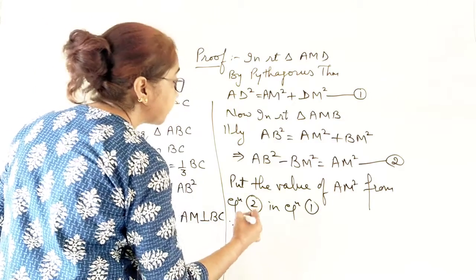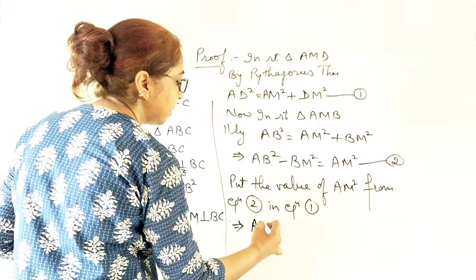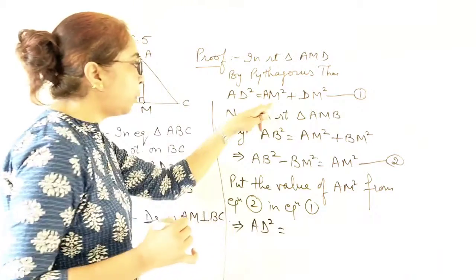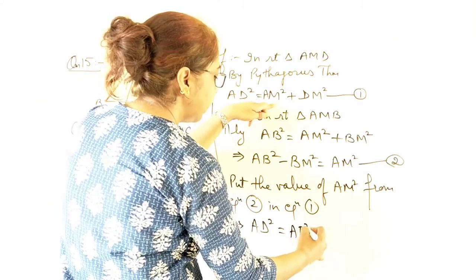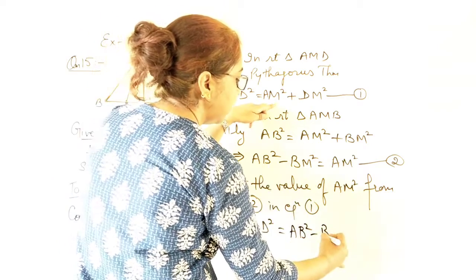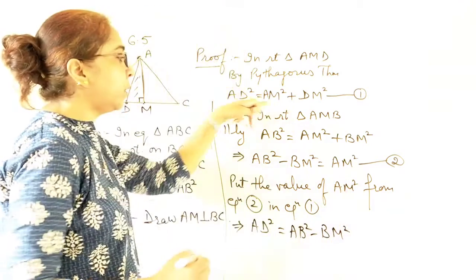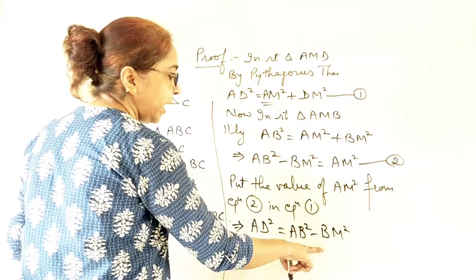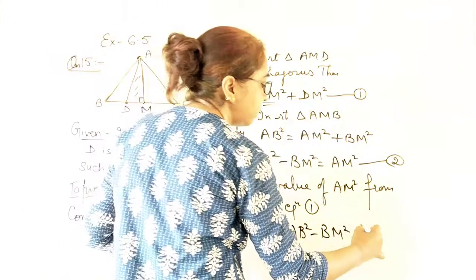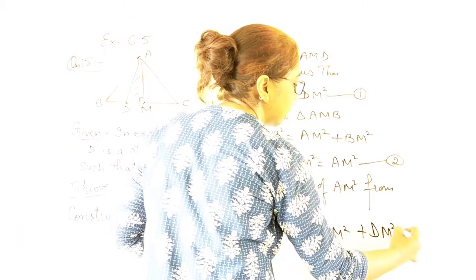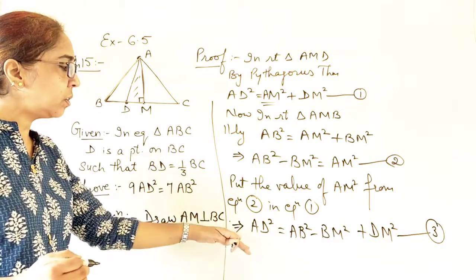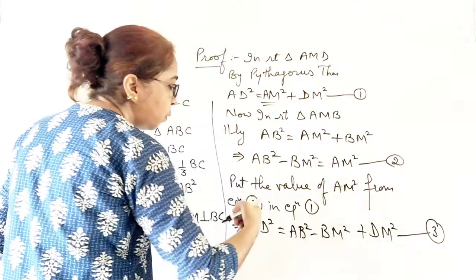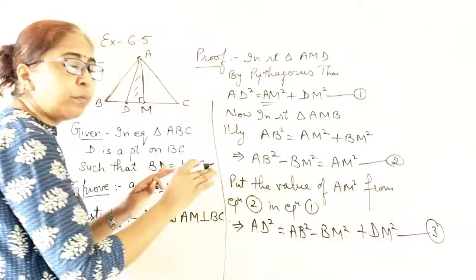We get AD square equal to AM square. Now AM square is this, that means AB square minus BM square. Okay, this is the value, and DM square as it is. This is number 3. So we have just removed AM square from here.